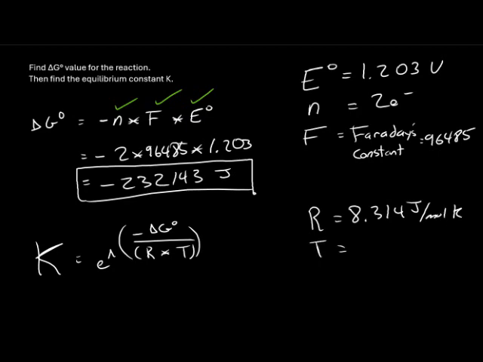And the T we'll use is 25 degrees Celsius, which we change to Kelvin, giving us 298.15 Kelvin. This means that we know the delta G standard, we know the R, and we know the T, and now we can solve for K.